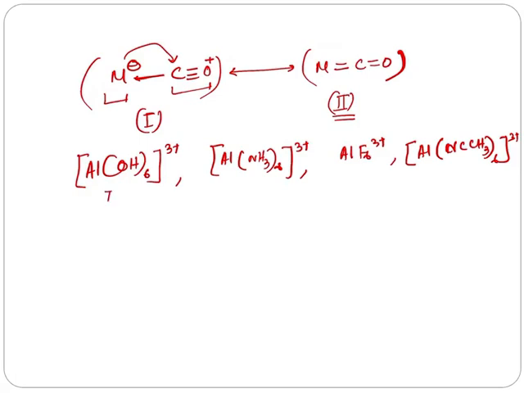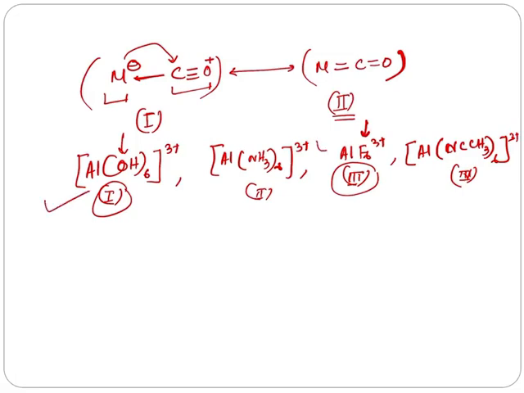Here if we see structures 1, 2, 3 and 4, structure 1 and structure 3 are stable because here the ligand possesses a strongly electronegative atom. The first one is oxygen and the third one is fluorine. This electronegative atom reduces the accumulated charge, so these complexes are stable.